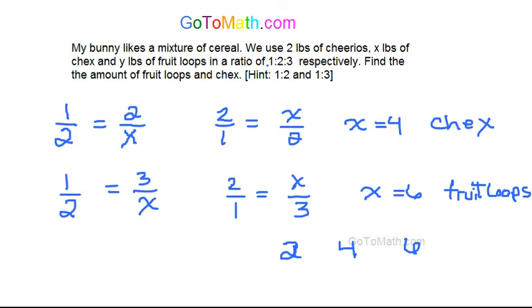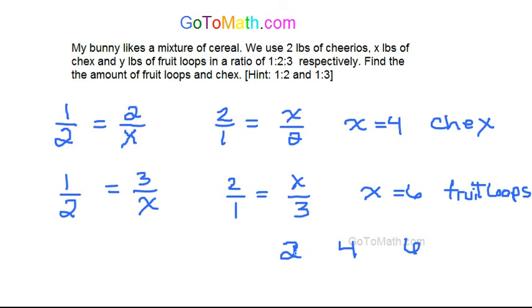Now does this make sense? A 1 to 2 to 3 ratio. 1 to 2, then 1 to 3, you could say. So let's see, 2 over 4 is a half. 2 over 6 is a third.